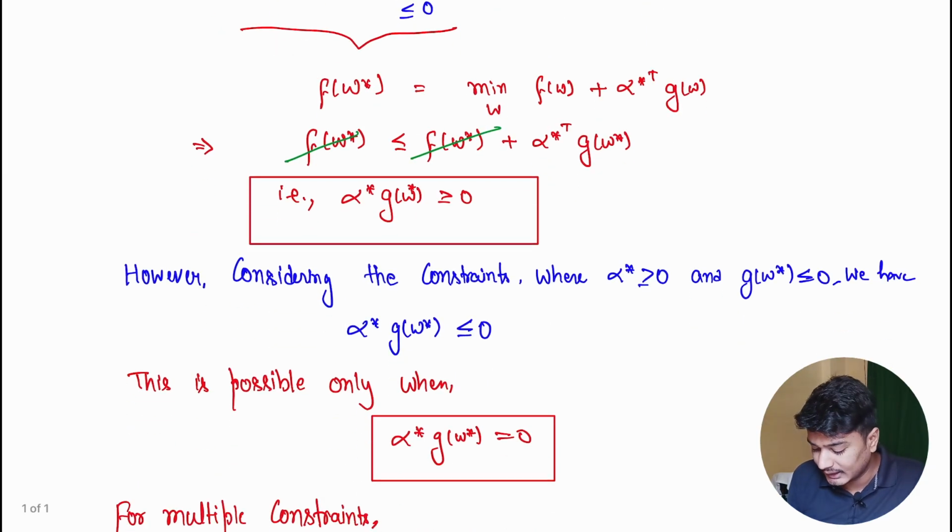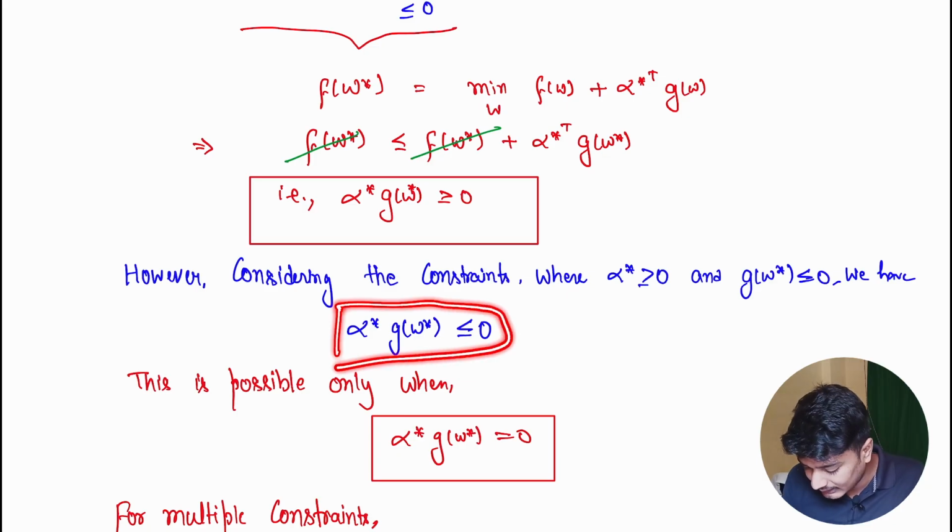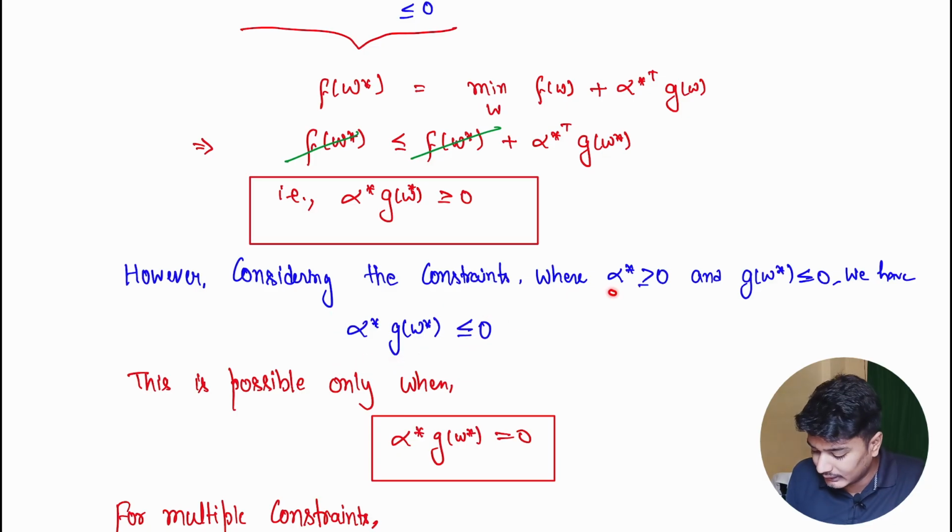However, considering the constraint where alpha star is greater than 0 and g of w star is less than 0, we have this. We are already given the constraint that alpha is greater than or equal to 0, and we have this less than or equal to 0. So the product will always be less than or equal to 0, because this is greater and this is less.